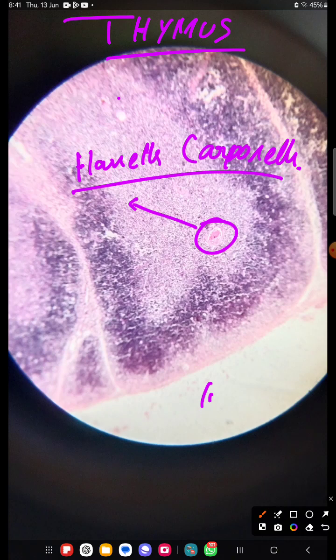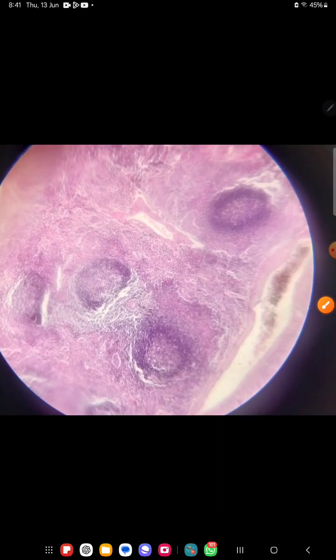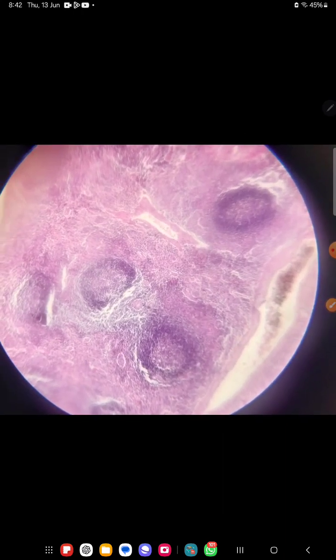Then after, I am going to talk about trabeculae. Trabeculae are seen. After that, we are going to talk about the spleen. The spleen is difficult to remember. This part of the spleen is very difficult to remember.